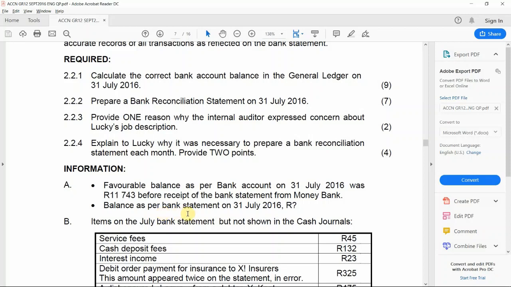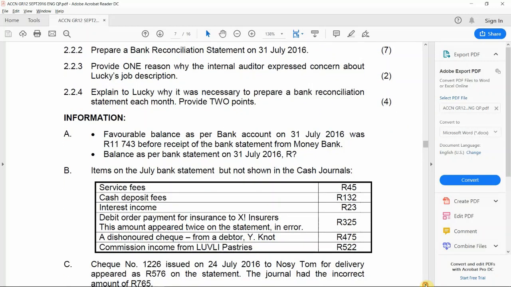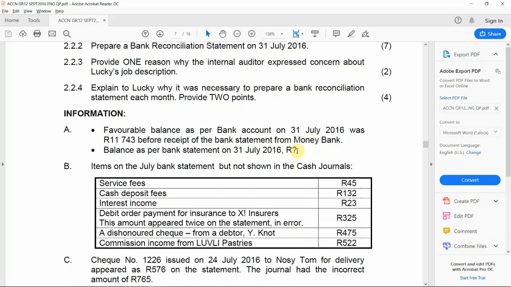The balance as per bank statement on 31 July 2016, we don't know. So it will probably be the balancing amount in our bank reconciliation statement. Because remember, our bank reconciliation statement starts with the balance as per the bank statement.